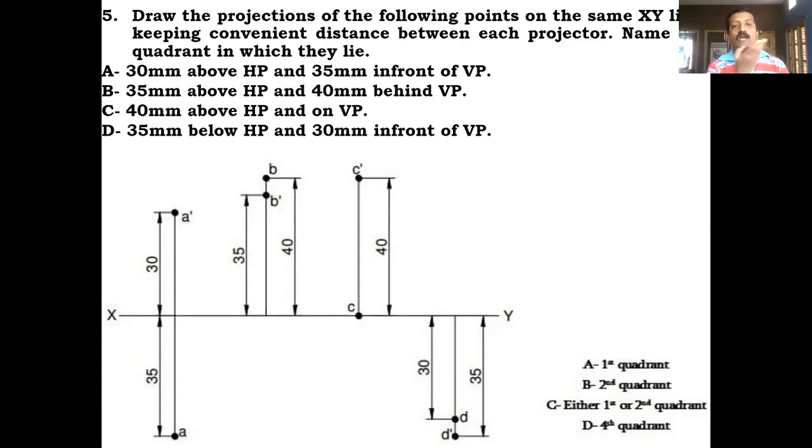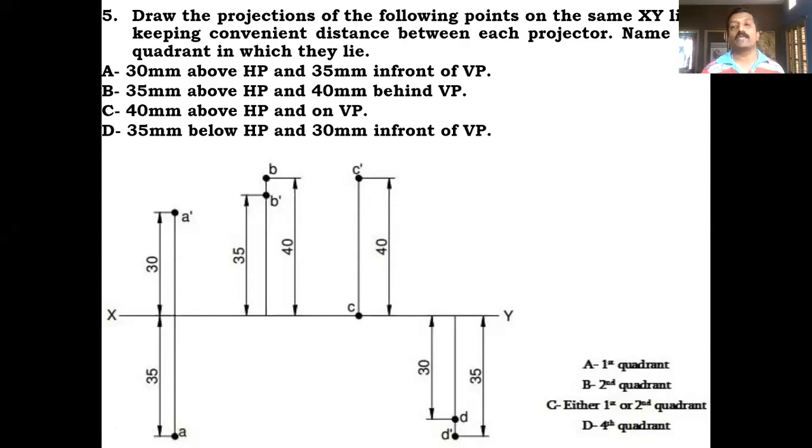So now you draw a common XY line first. The XY line is common to all the 4 points. One more thing: whenever there is more than 1 point, you need to draw it on the same XY line.